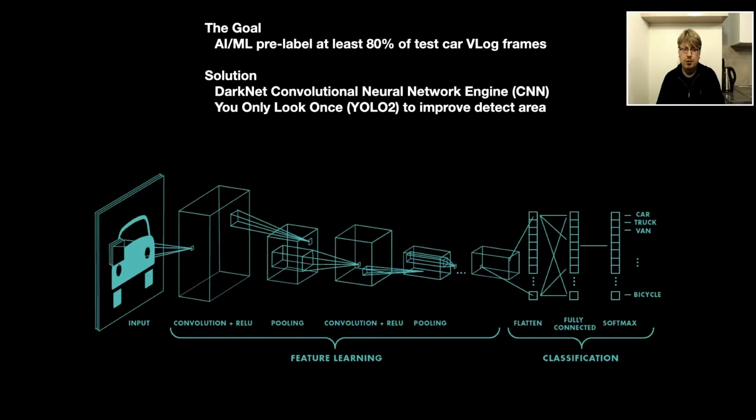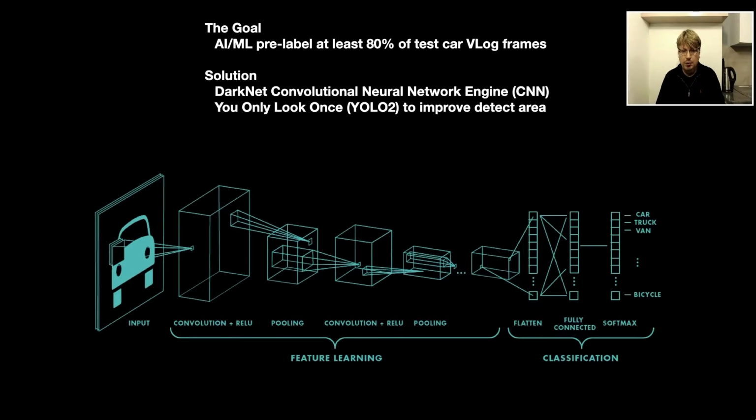The solution I chose is the Darknet convolutional neural network engine, and this engine is famous because of the introduction of the You Only Look Once model, and I'm focused on YOLO 2, the second version, to improve the detection area and the overall process.